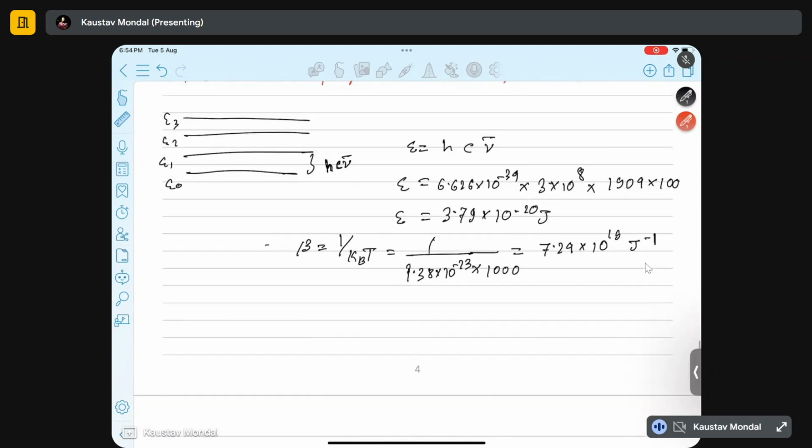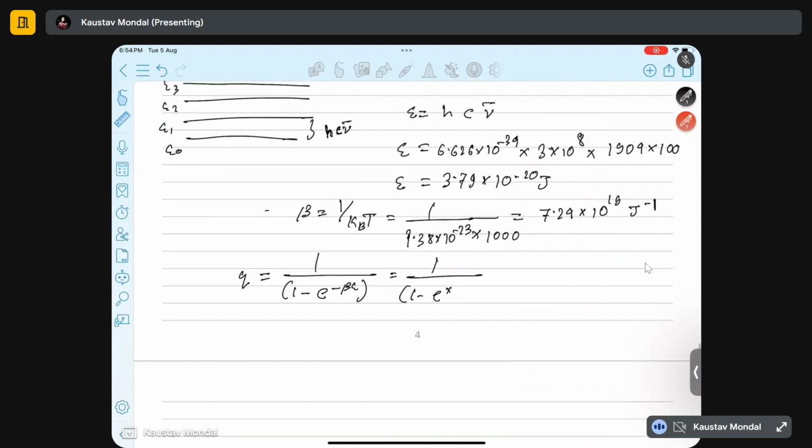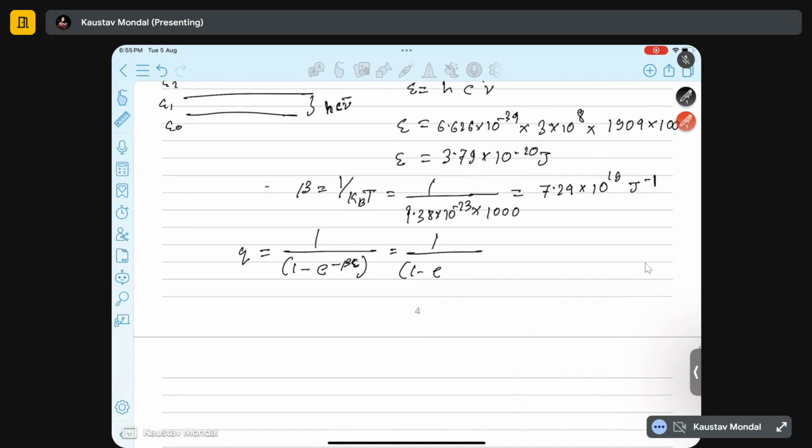Now the third step, we got the beta, we got the epsilon, and in the third step we calculate the partition function, right? So partition function Q would be simply Q is equal to 1 by 1 minus e to the power minus beta epsilon, right? So 1 by 1 minus e to the power minus 7.24 into 10 to the power 19 into 3.79 into 10 to the power minus 20.